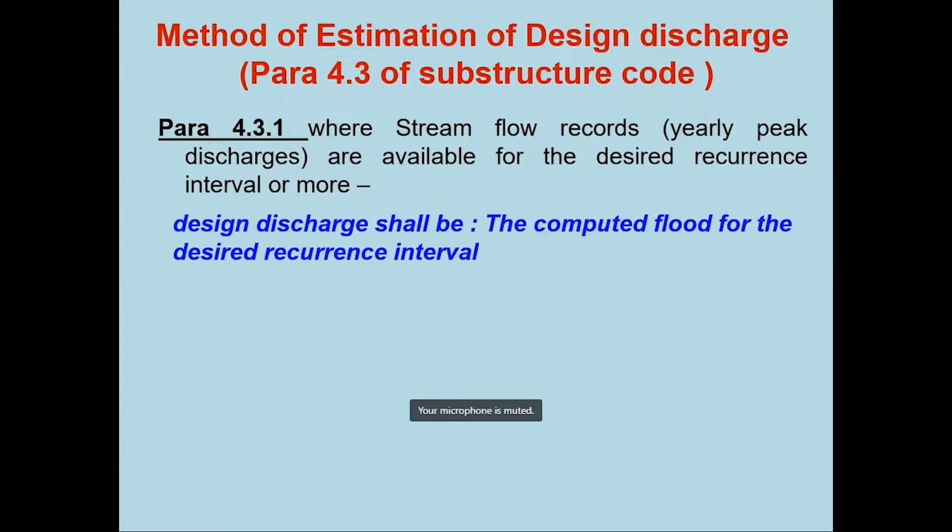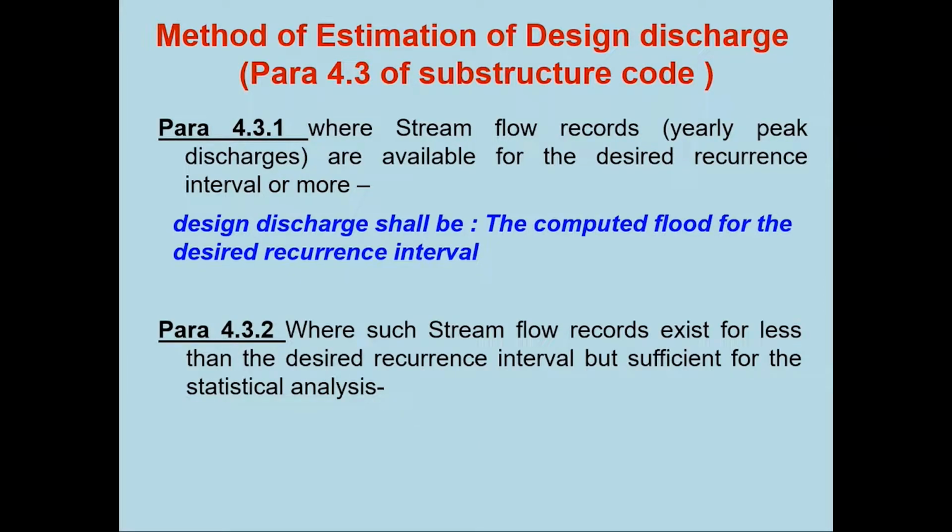Just a simple explanation of those paras. When the stream flow records are available for more than 50 years, then by analyzing those results, we can find out the 50-year maximum flood, the 50-year recurrence level flood interval, which is the design value.